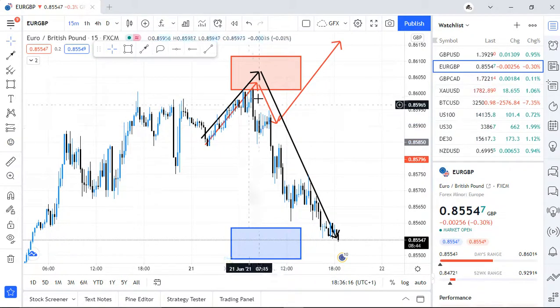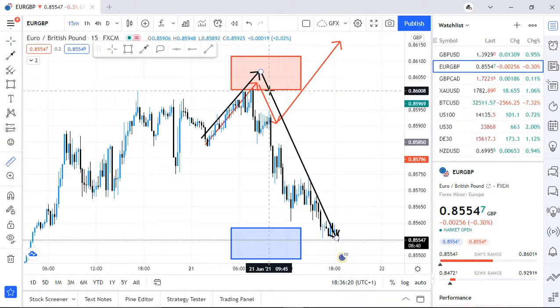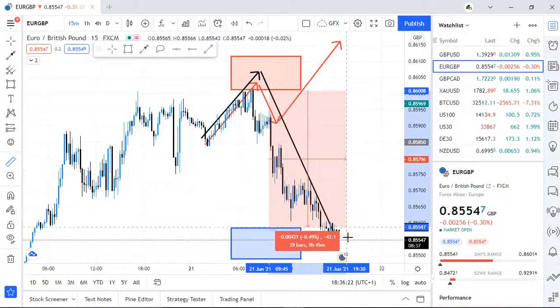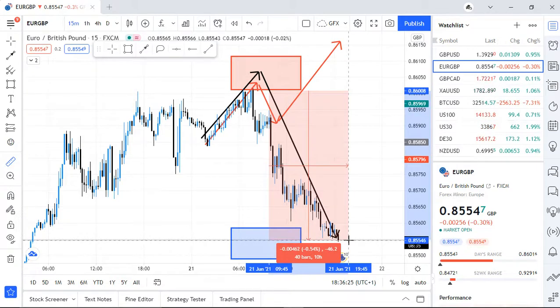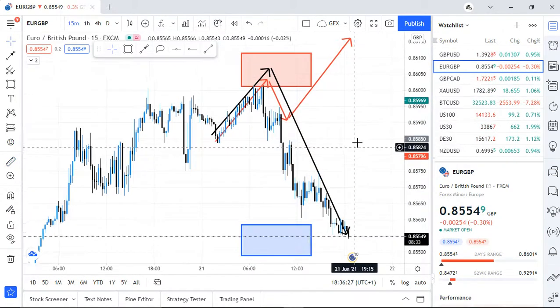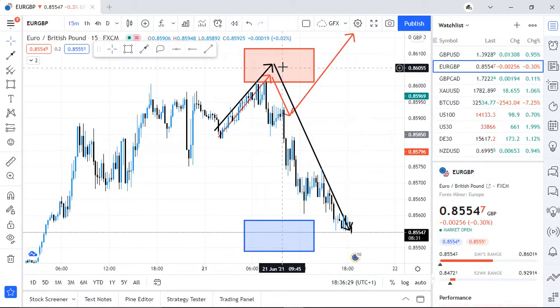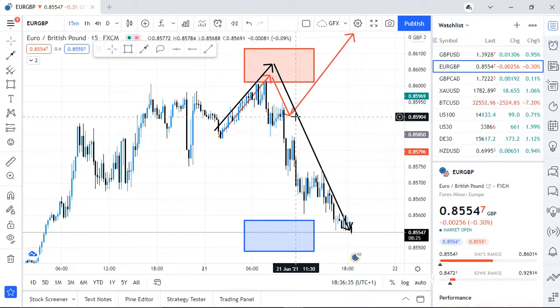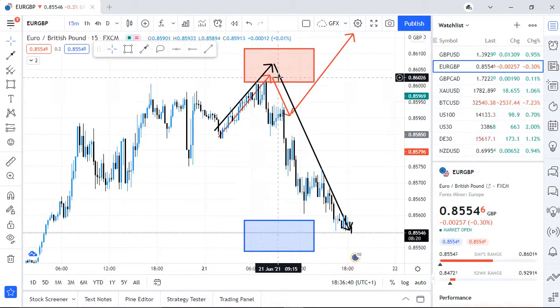Swing traders like to leave their trades for a long period of time or want to catch a higher amount of pips in a single trade. You can check this amount. This is like, what, 46 pips, which is a very good amount of pips for a swinger, sorry, someone that swings. And then for a scalper, you're out with 12 to 15 pips. And this would have been a very perfect sniper entry.